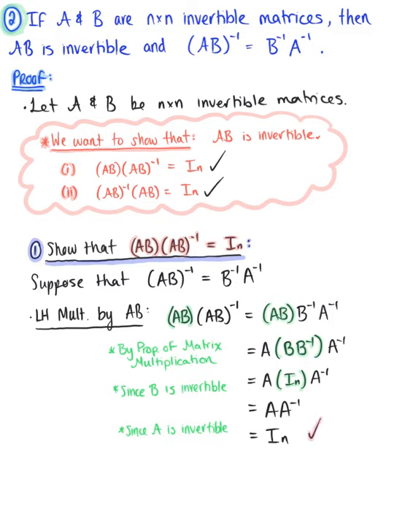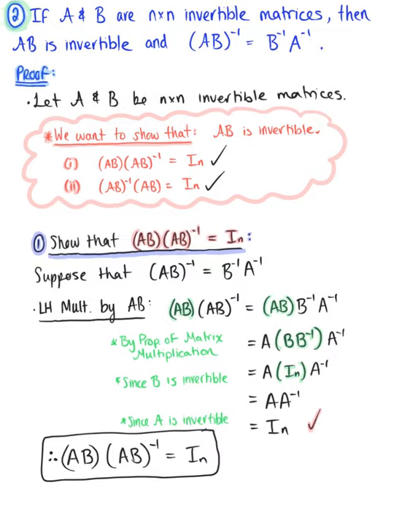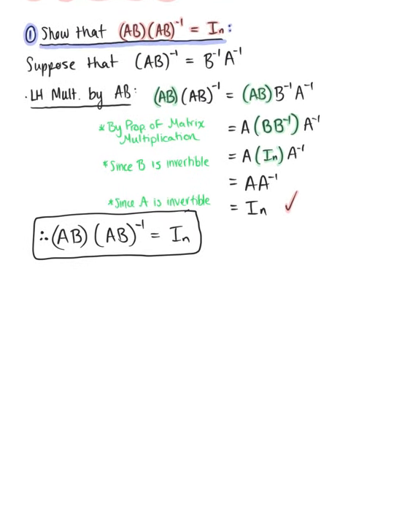Woohoo! And so we can make the conclusion that therefore, the matrix defined by the product AB multiplied by the inverse of this product is equal to the n by n identity matrix. So case 1 is done, and we now need to go through and look at case number 2 using a similar method.